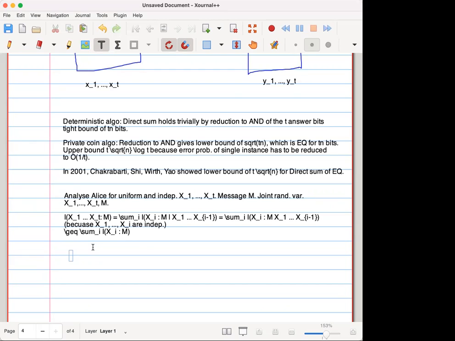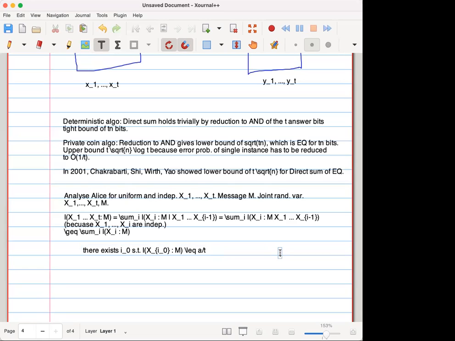So this means that there exists some location i naught such that the mutual information between x i naught and M is small, less than A by t.